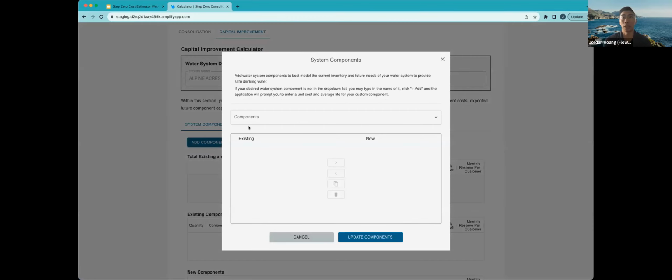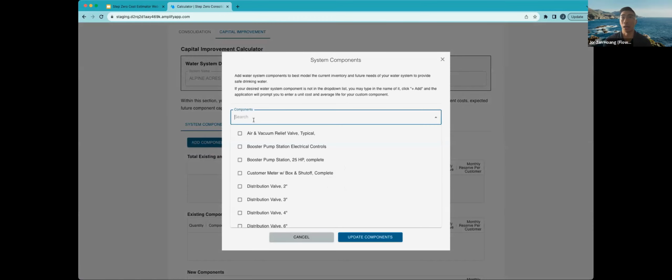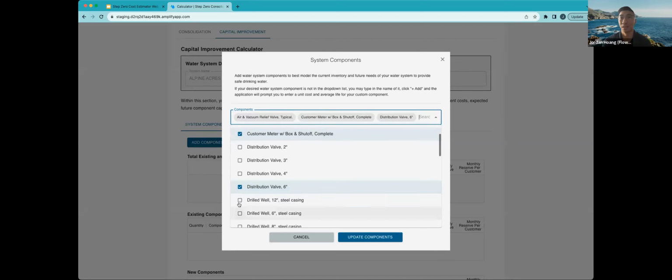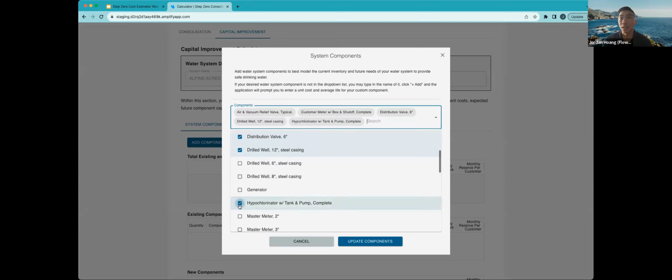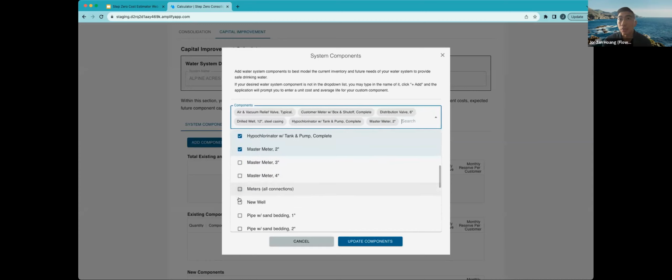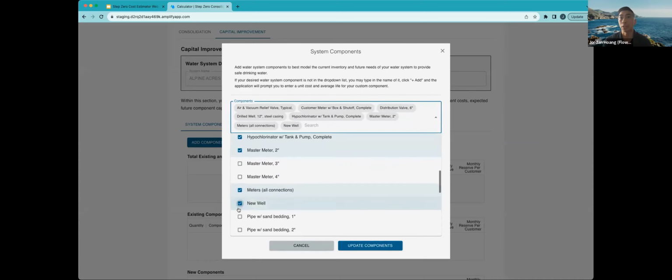So in this dialogue, and I apologize ahead of time if the values I use in this demo don't make realistic sense, I'm just going to add a bunch to hopefully get a good idea of what the application does.